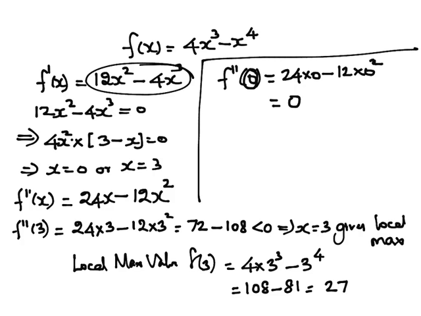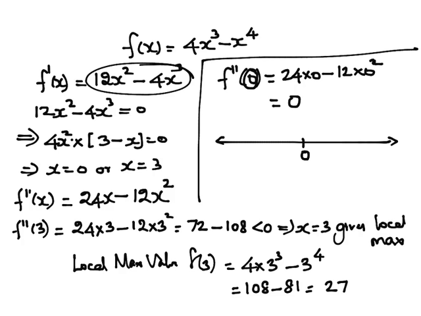So what I do is I draw a number line, and I write 0 here, the stationary point. I'll take a value more than 0. Let me take 0.1 and substitute in the first derivative.